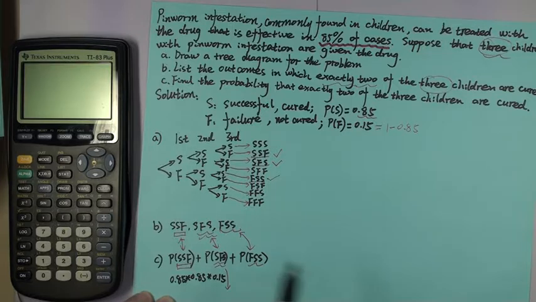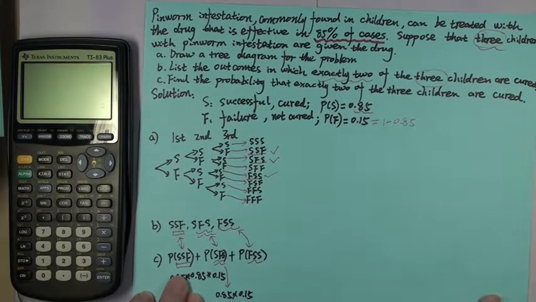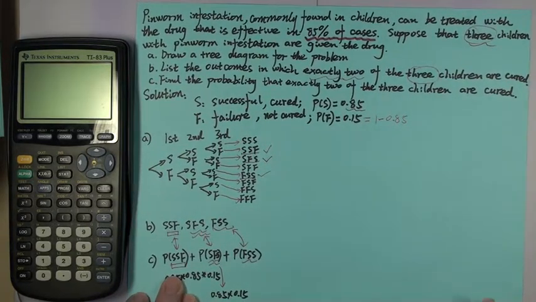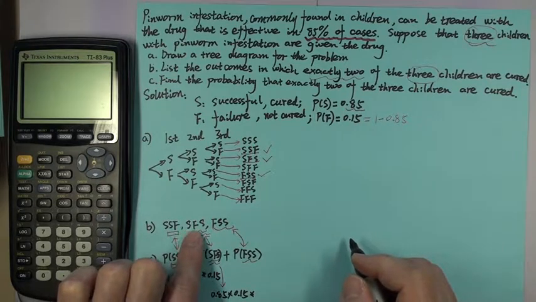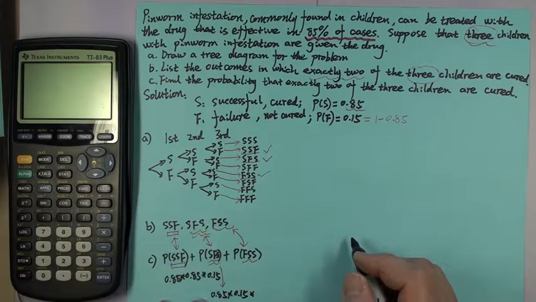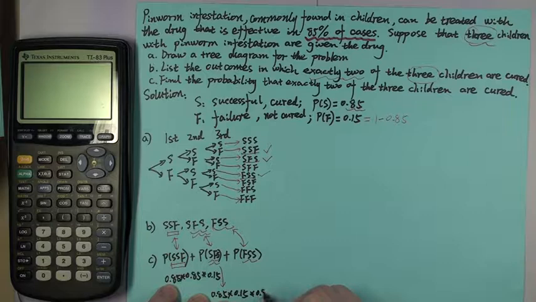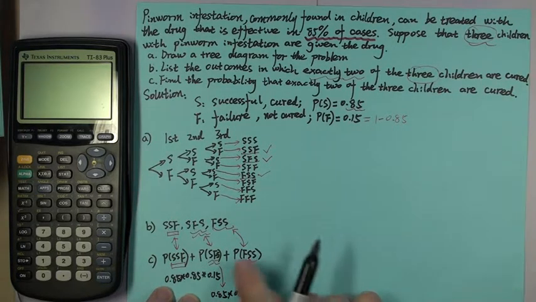That's 0.85, that's S. And then F is 0.15, and then the last one is also S, 0.85. You see, S, F, S. So that's the second one.